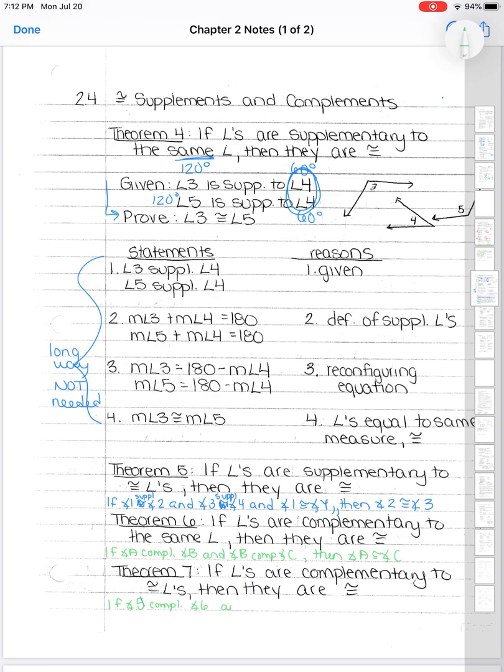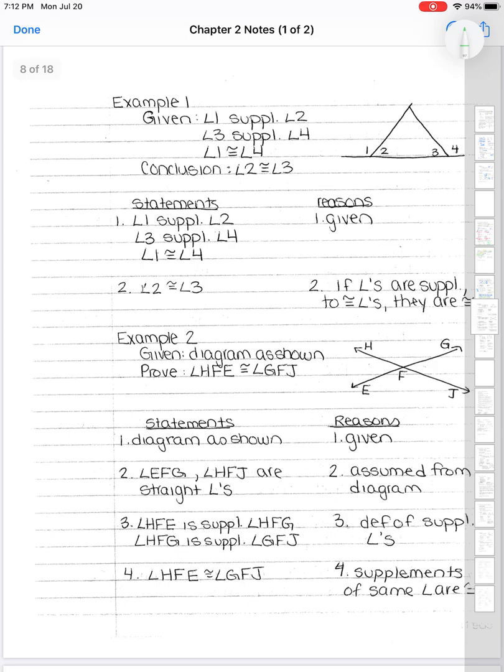Well, we can then say that A is congruent to C for those angles because they're complementary to the same angle, which is angle B. And for the congruent part, if angle 5, say, is complementary to angle 6, and angle 7 is complementary to angle 8, and angle 6 is congruent to angle 8, then we can make the conclusion that angle 5 is congruent to angle 7.